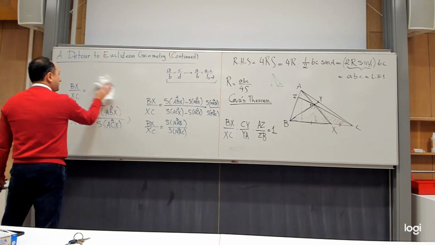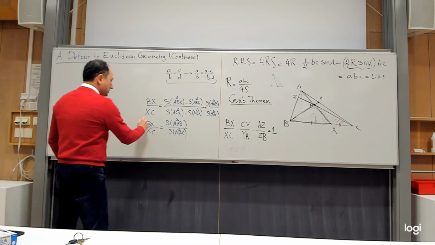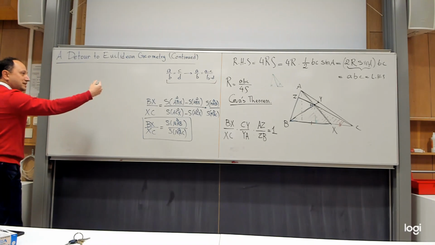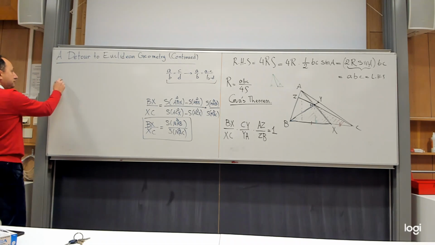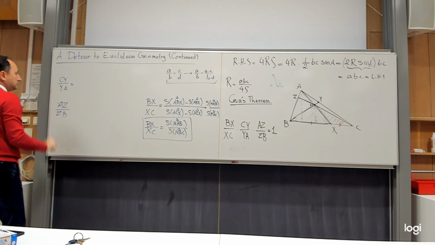Let me put this in a box. I will need it for the future. But can you tell me, if I want to do the same thing, what will happen for CY over YA? And what will happen for AZ over ZB?